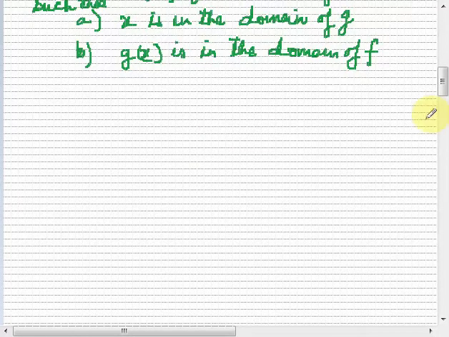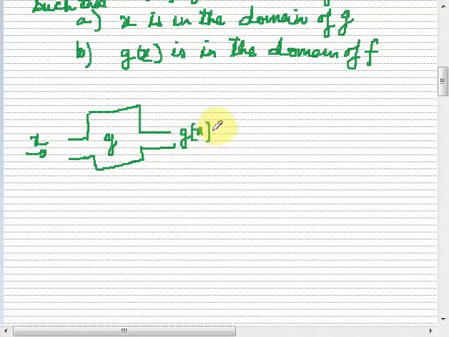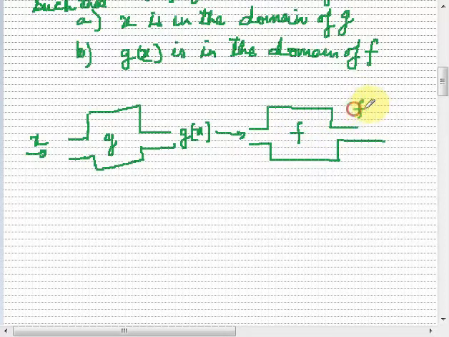As we have seen, the composite function is defined like two machines. First, we get a g machine. We input the x, we get g(x). Then we input g(x) into an f machine, and we get f of g(x).